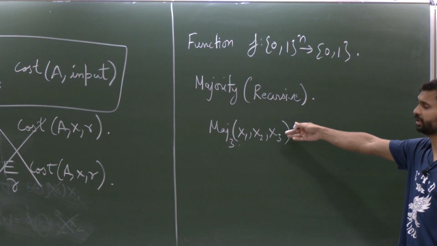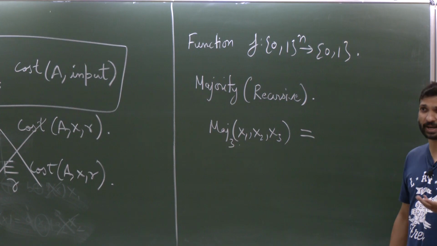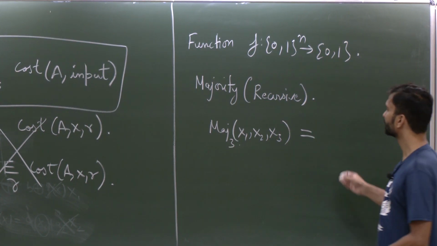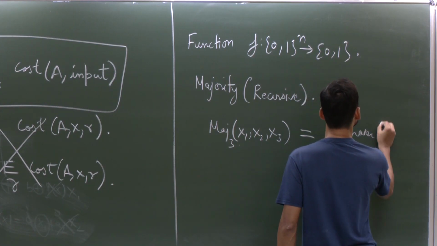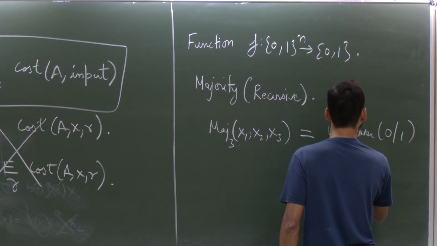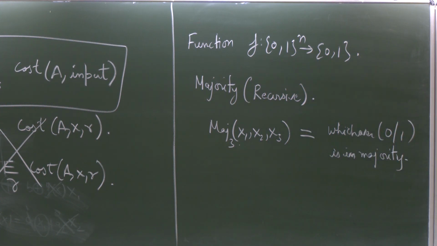So n equal to 3, x1 is 0 or 1, x2 is 0 or 1, x3 is 0 or 1. At least 2 of them will be either 0 or 1. Majority is clear. Correct? Function is fine. This is the function we want to compute.